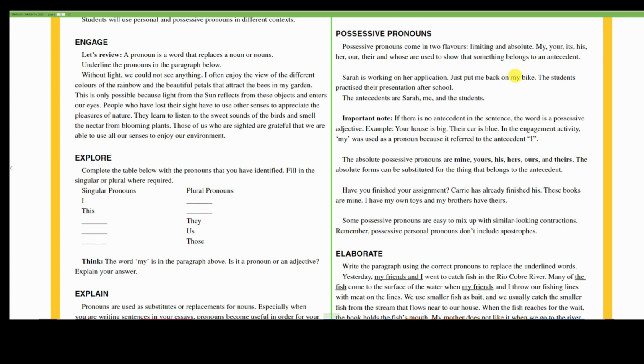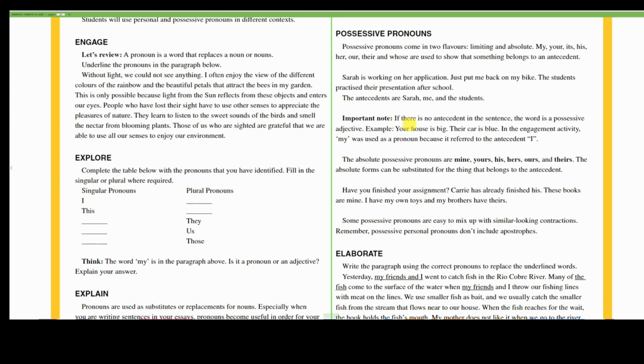My, your, its, his, her, our, their, and whose are those used to show that something belongs to an antecedent. Sarah is working on her application. Just put me back on my bike. The students practice their presentation after school. The antecedents are Sarah, me, and the students.